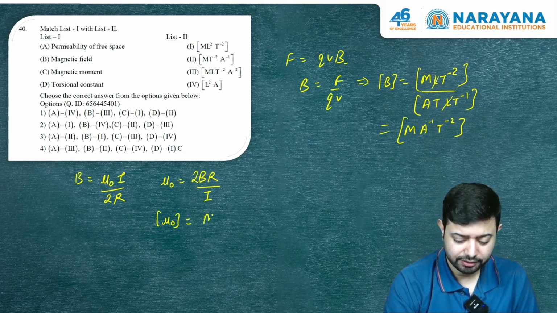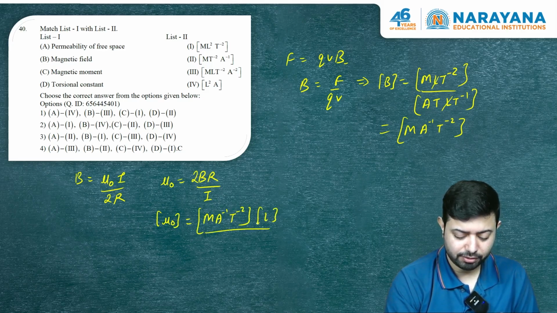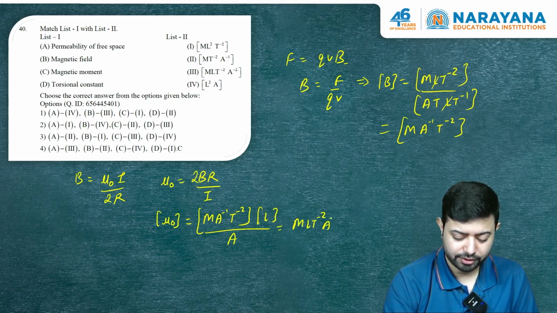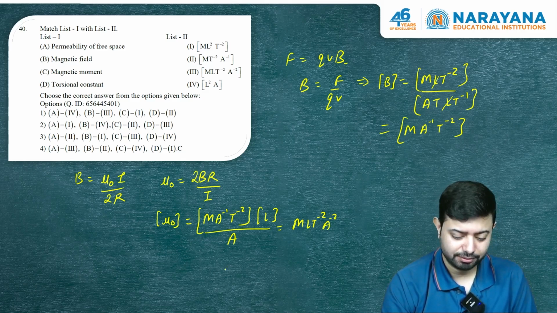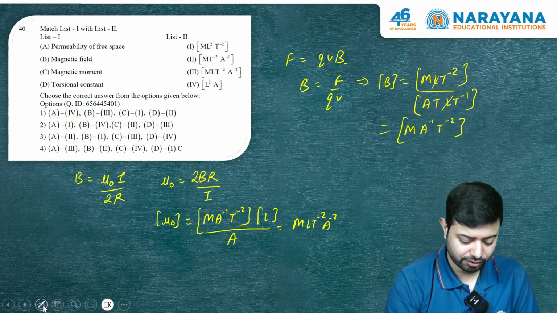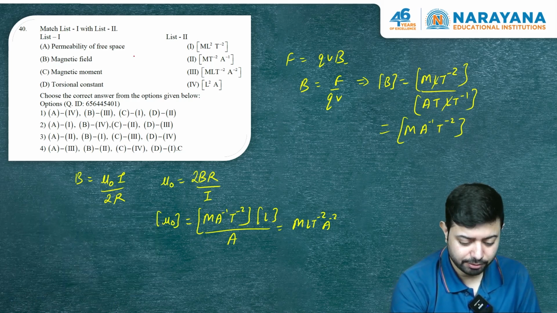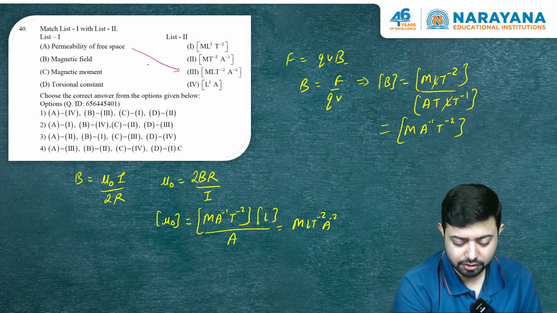Dimension formula of B, dimension formula of r, which is distance, and dimension formula of the current, which is A. So overall it is M L T to the power minus 2 A to the power minus 2. So for option A, the matching will be with this 3.